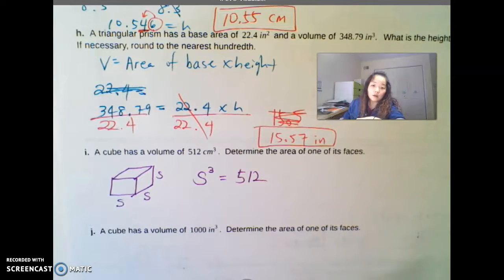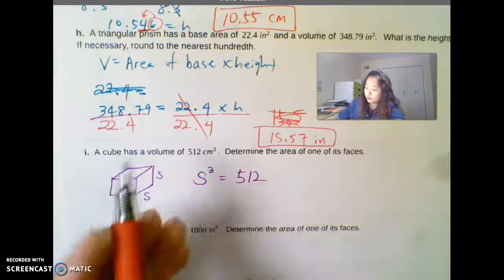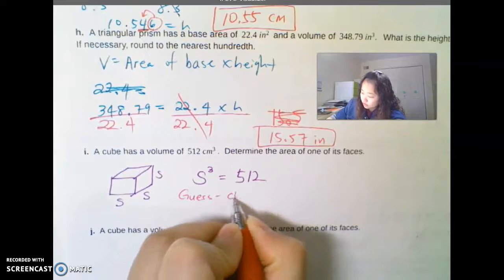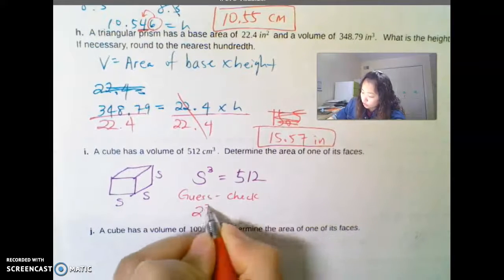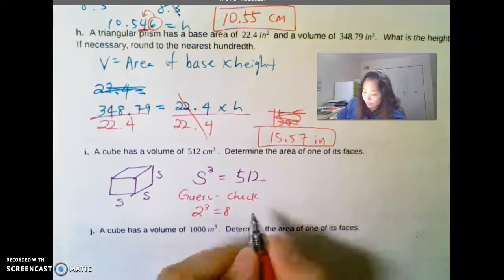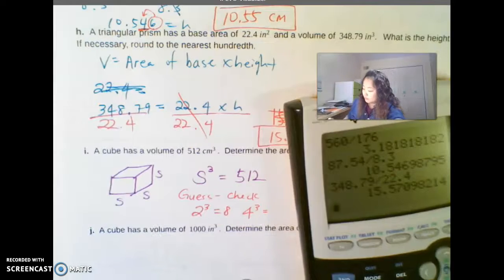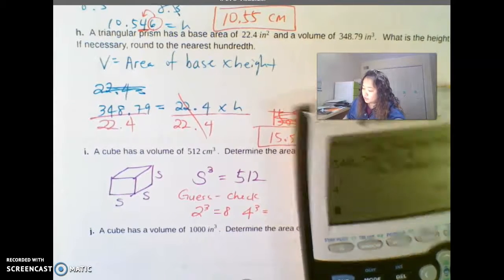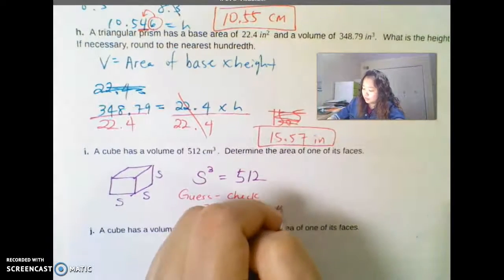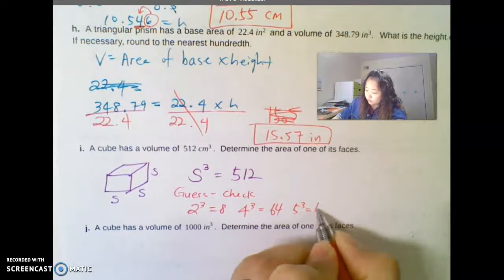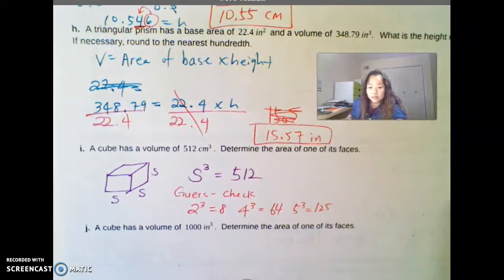Now, for our class, I would say we have to guess and check. So what do you mean by guessing and checking? Think, 2 cubed, that's only 8, so not it. 4 cubed is 64, not it, right? You just keep guessing and checking. 5 cubed? 125, still not it.